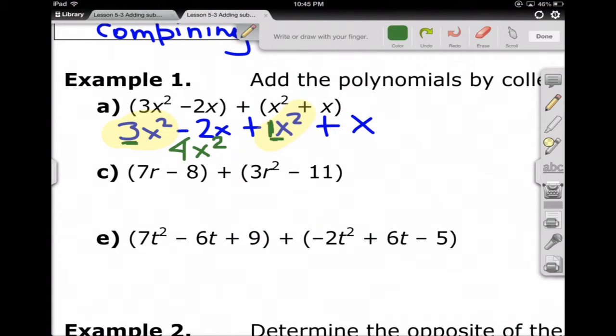There's an understood 1 in front of that x squared term, so there's 4 of them in total. And lastly, we say, well, what do we have for x terms? We've got -2 on the left, and we have 1 on the right. So -2 plus 1, that's like -1. Not bad.